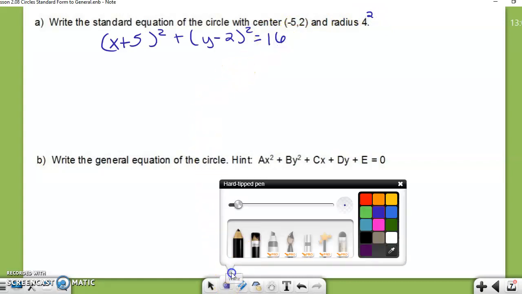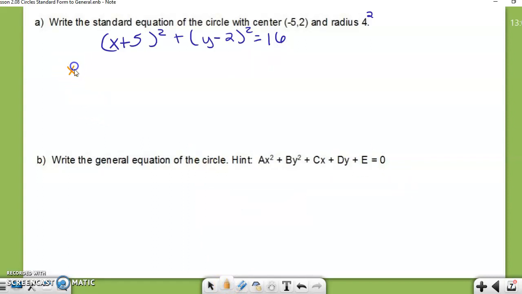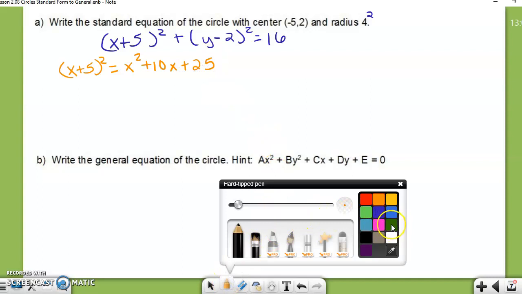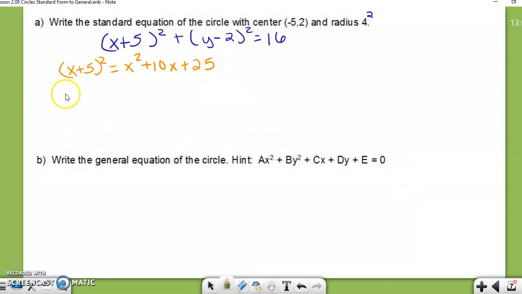All I'm going to do is follow my algebra here. I'm going to take my x plus 5 squared and I'm going to expand it. So that's going to be x squared. Then I double the 5, that's a positive 10 with my x, and then I square the 5. Fantastic. I'm going to do the same thing now with my y minus 2 squared.